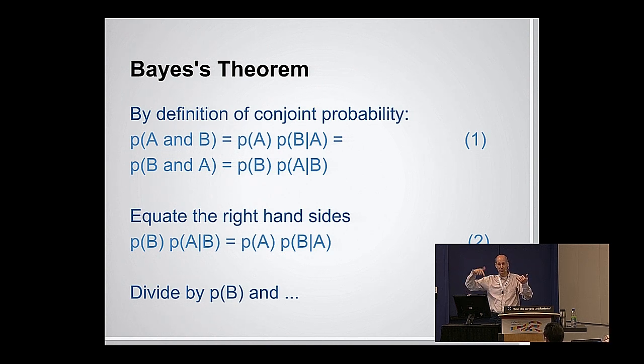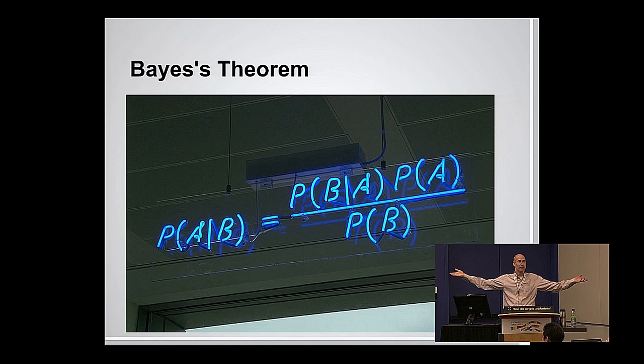And then did B happen conditioned on A? Or the other way around. Did B happen? And then ask about A conditioned on B. So the only difference is what order I ask the questions in, but the answer should be the same either way. If we now take the left-hand side, divide through by the probability of B, you have Bayes' theorem.